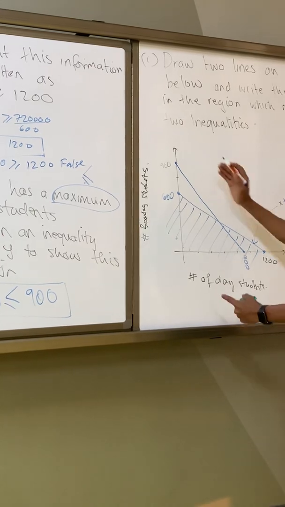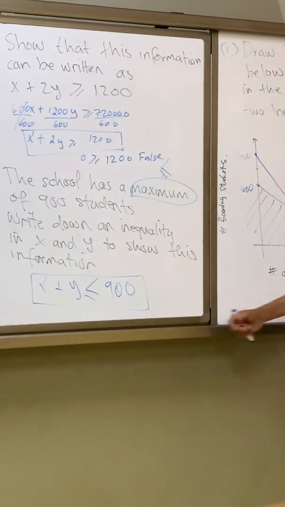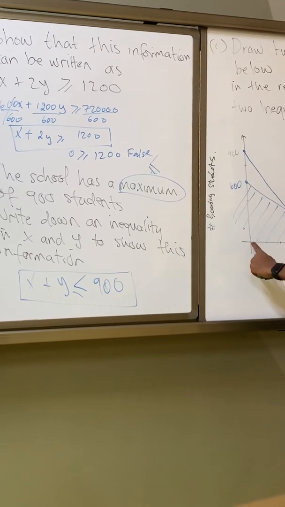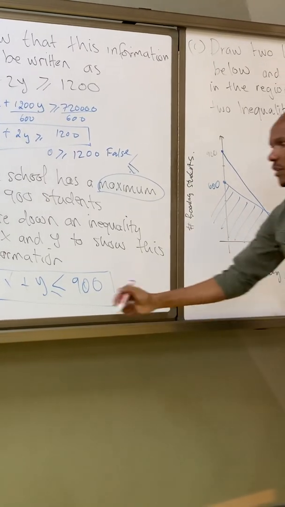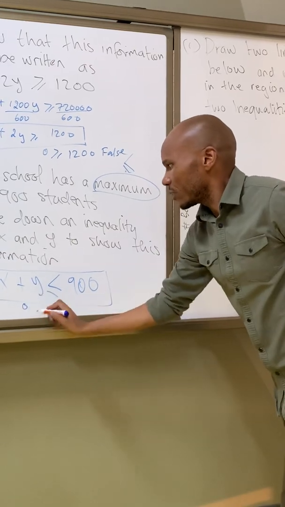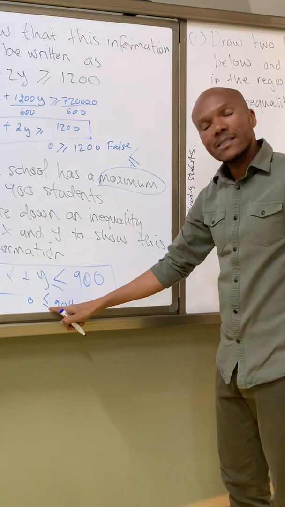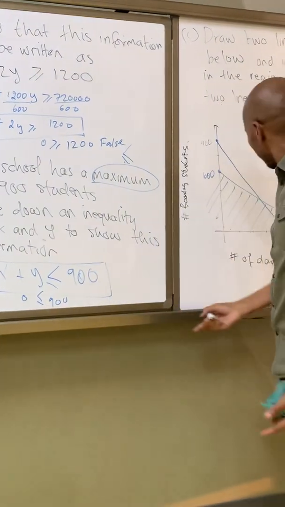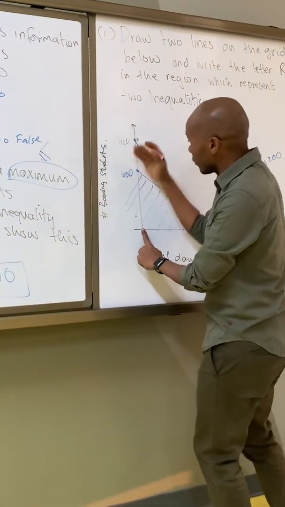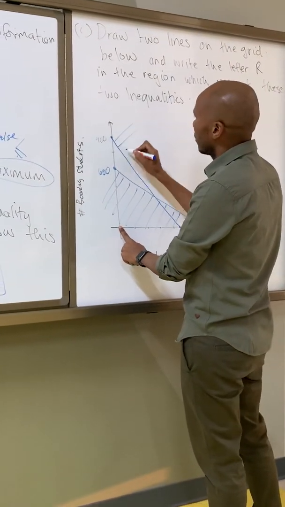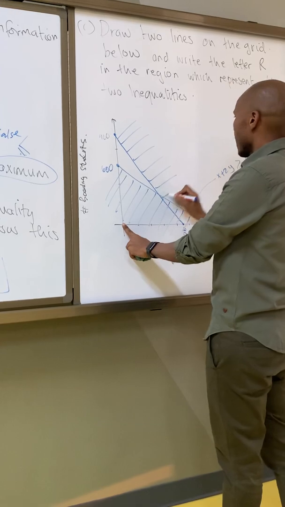Now let's come to this one. There is my line there, and let me choose 0, 0 again. So that will be 0 plus 0, 0. 0 is less than 900, right? So it's true. This is the part I need. So the part I do not want is the one on top, so here it is.